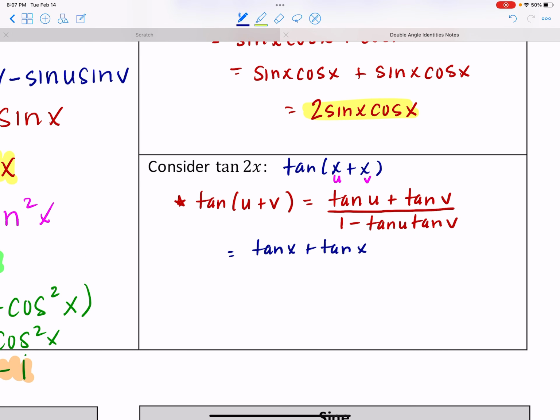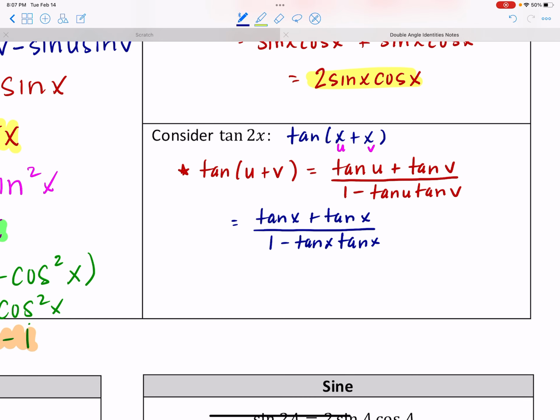And then on the bottom, we have 1 minus tangent of x, tangent of x. And so we have like terms in the top. If I have a tangent of x and I add another tangent of x, then I'm going to have two tangent of x's. And then on the bottom, I have 1 minus tangent being multiplied by itself, so that's going to be tangent squared x.